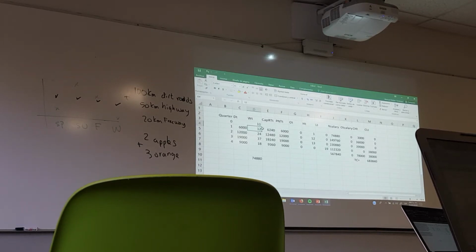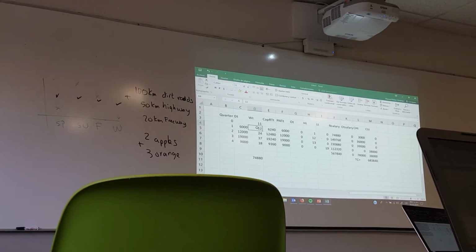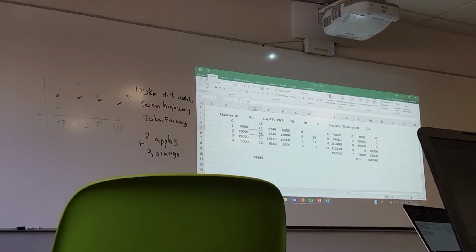If I say in period number one I'm going to have 12 workers, in the level workforce plan this has to be equal to that. And level, you see that?